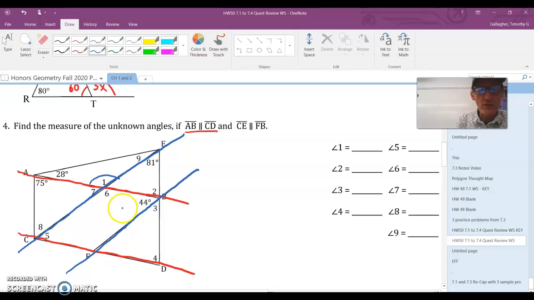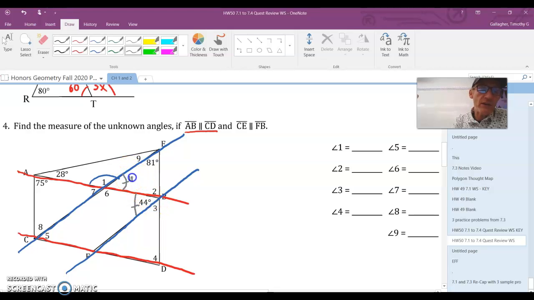Now, the way to do that is, let's see, we're going to take a look at this angle that's 44 degrees. This angle that's 44 degrees right here is the alternate interior angle to this one. Those are alternate interior angles because the red is the transversal and the blue are parallel.